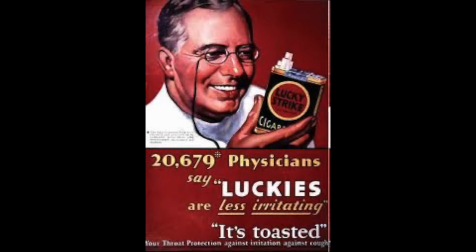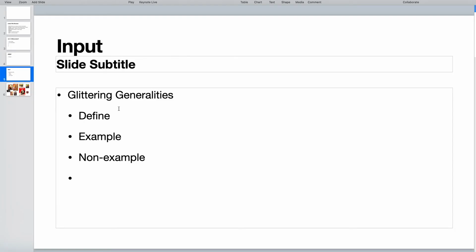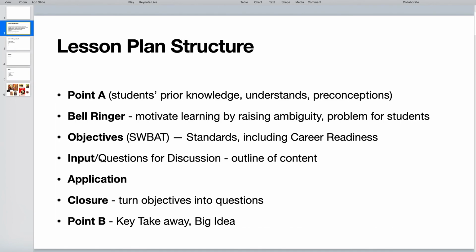And you go through each one of these, and then you can ask students to give you another example that they may have, or you might give a non-example, an example, and have the students pick which one is a glittering generality and which one isn't. And you would do that for all of your propaganda techniques that you're using. So that's your input. Now, how do we get to application?